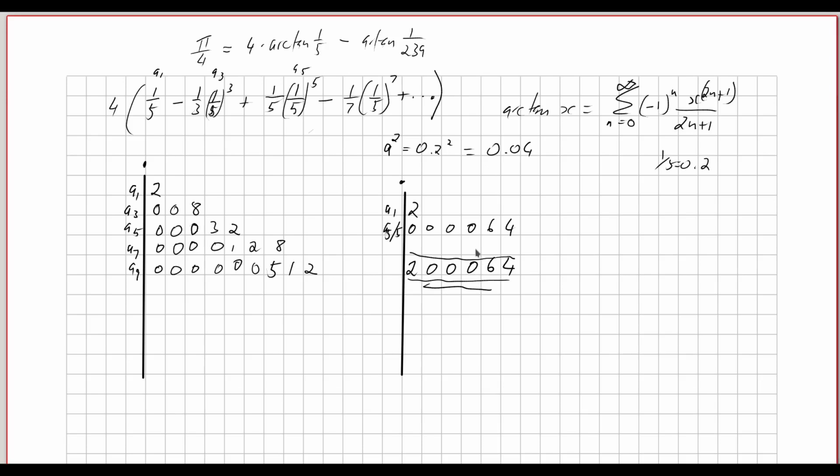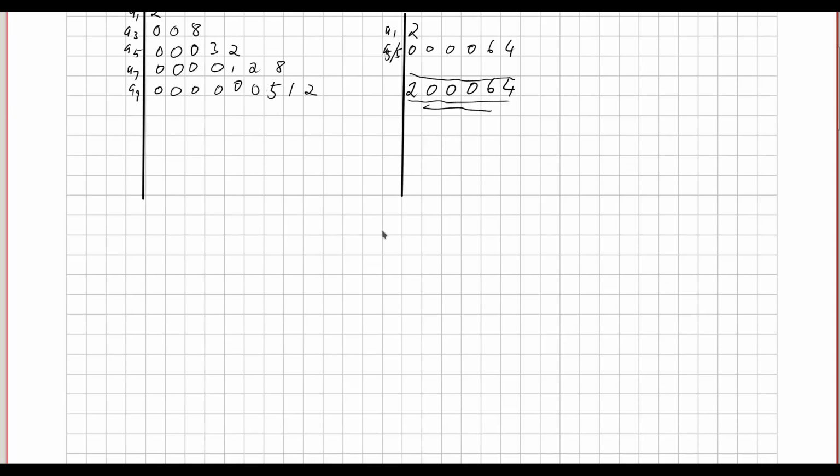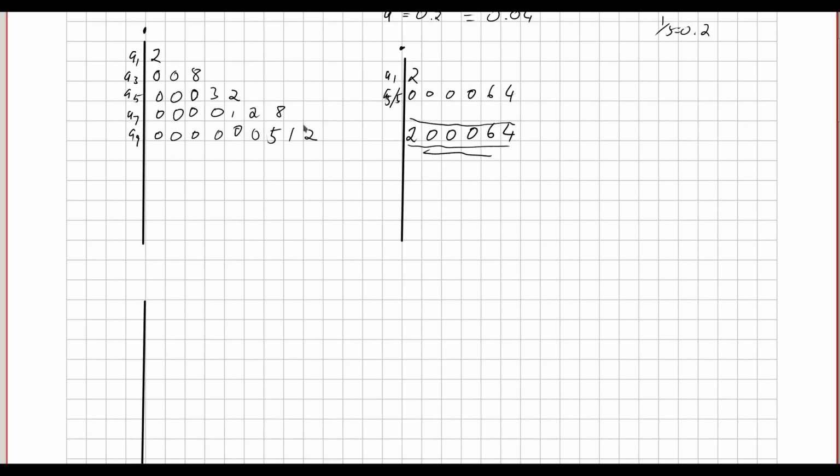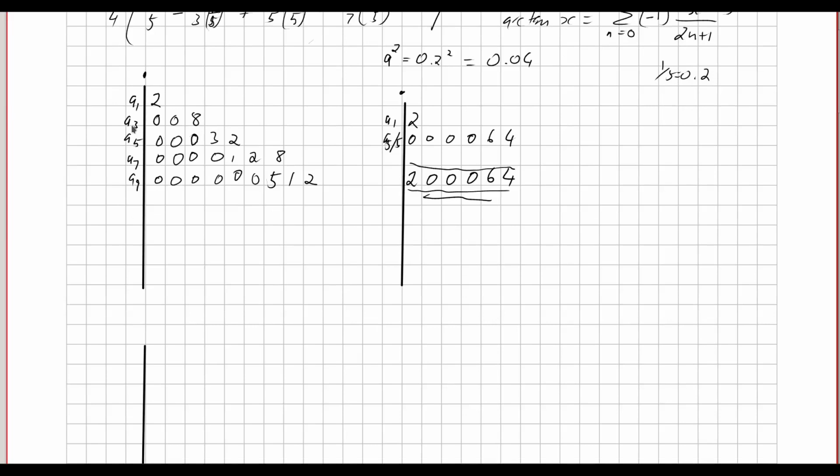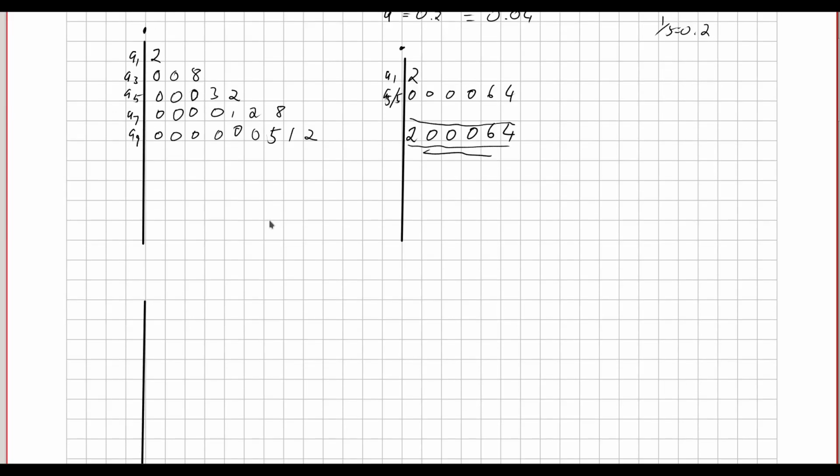Now, what he did after that was he computed all the negative terms, and we'll do that now. All right. Now, the first negative term is 1 over 3 times A3, so A3 is 0.008.